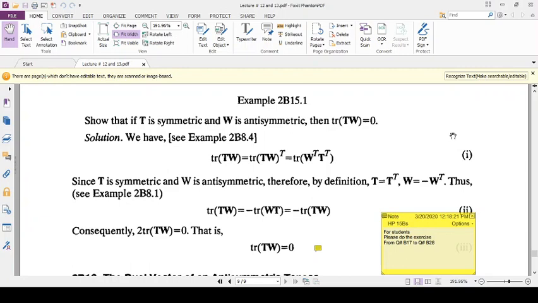Simply, you can write trace of TW equals trace of TW transpose, with the help of your previous lectures. Here you will use the formula for TW transpose and T transpose. Since T is symmetric and W is antisymmetric, we can write this. Again the minus will be outside because trace is linear, so it will be minus trace of TW.